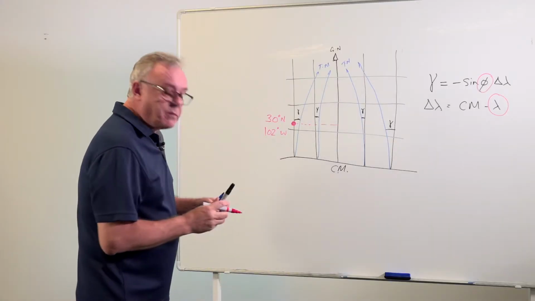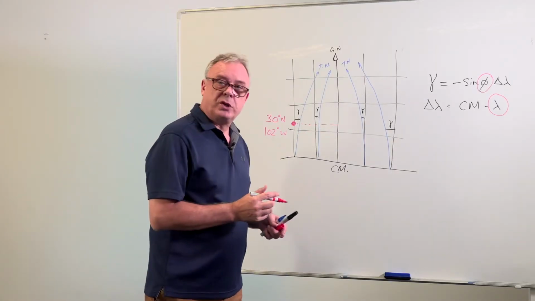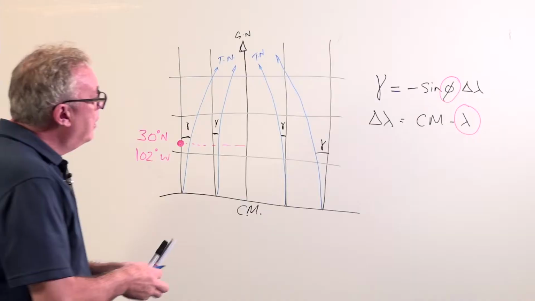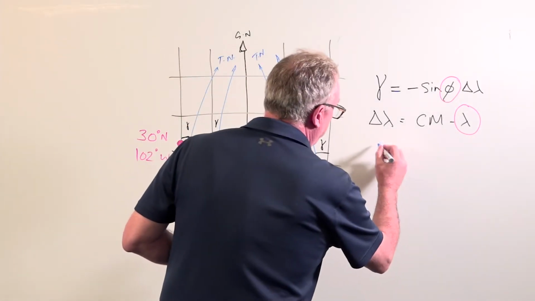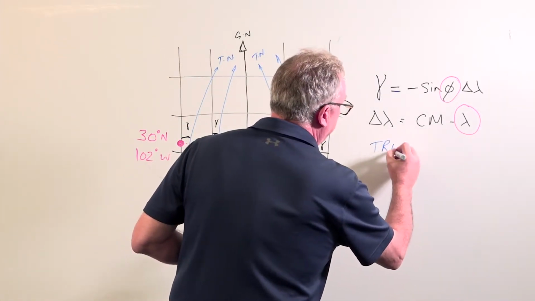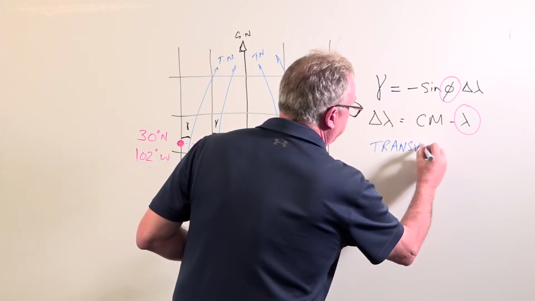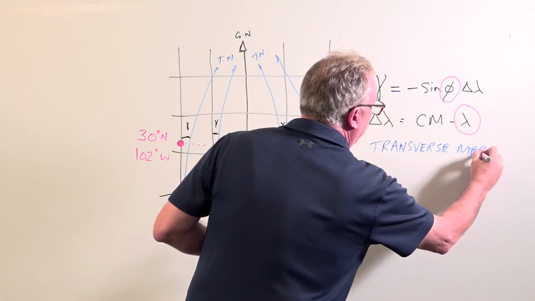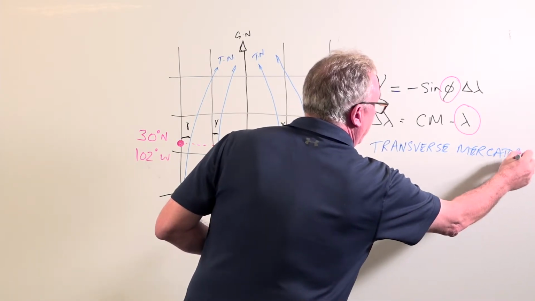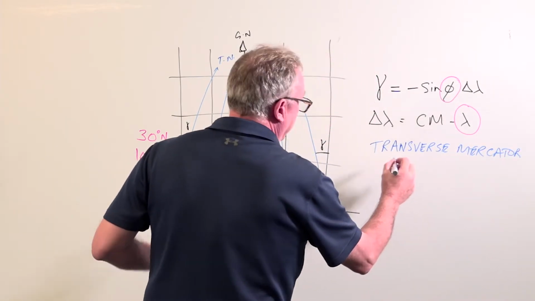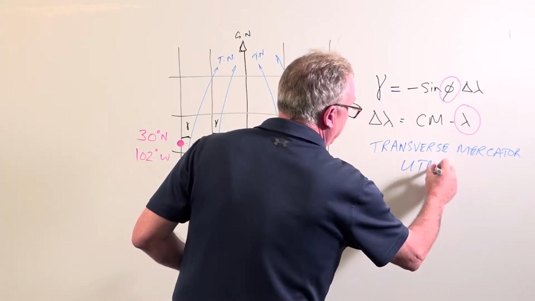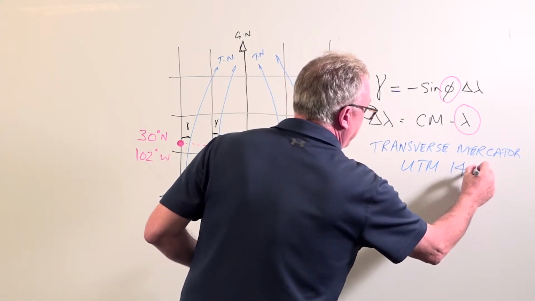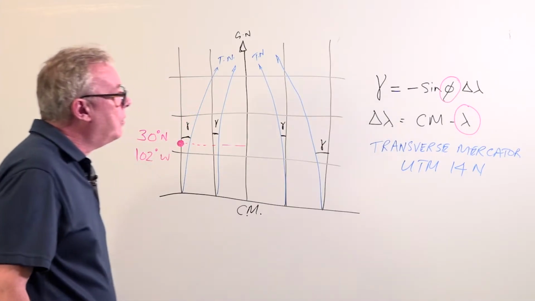So that's going to be my physical position of my point. Now, in order to go through this computation, I need to know what type of map projection I'm going to be using. So in this case, we'll be using the transverse Mercator. And I'm going to be applying this conversion of UTM 14 degrees north.